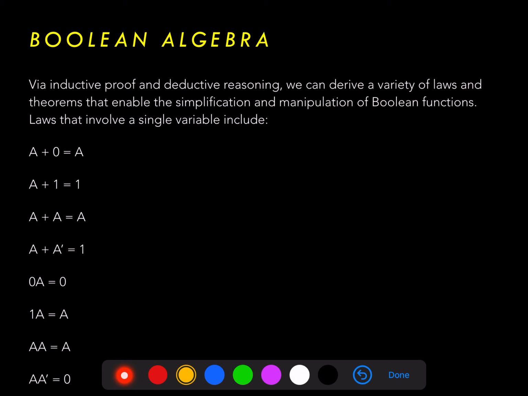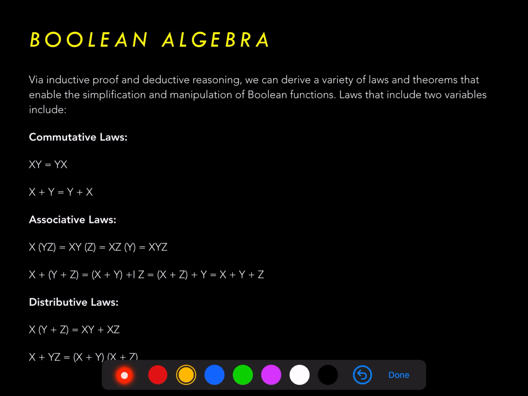There are a wide variety of Boolean properties that come from perfect induction, and some from deductive reasoning, some from a combination of both. All the ones shown here are those shown for a single variable, here denoted by A. And these expressions are applied many times to simplify Boolean expressions, but we also have a variety of laws that require 2 variables to implement, or even 3 variables.